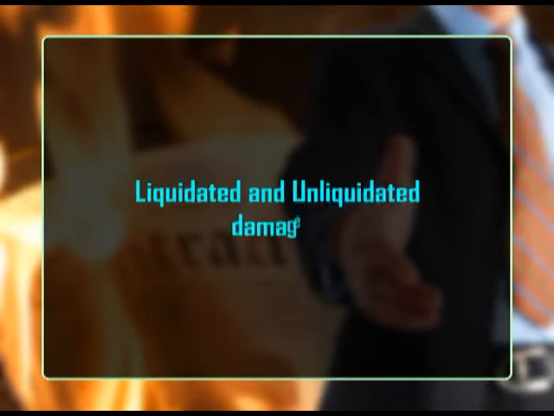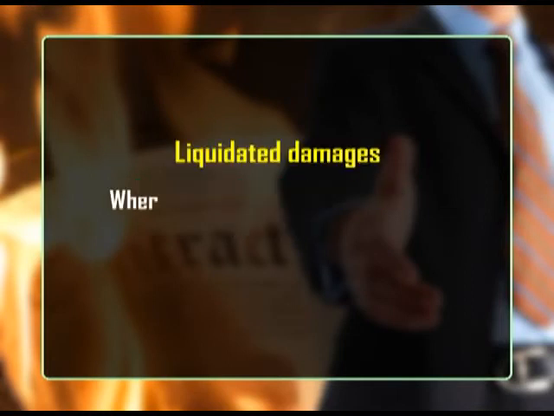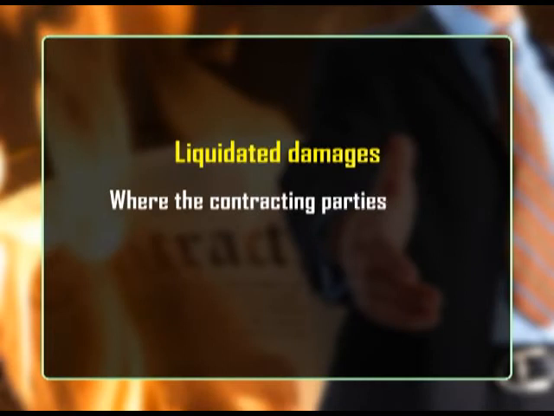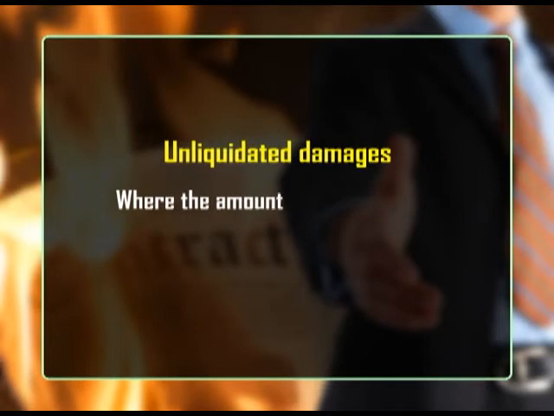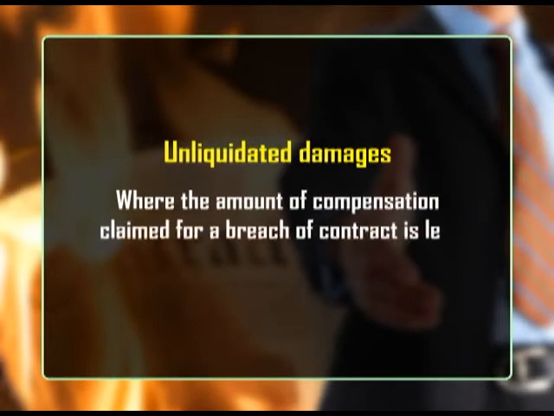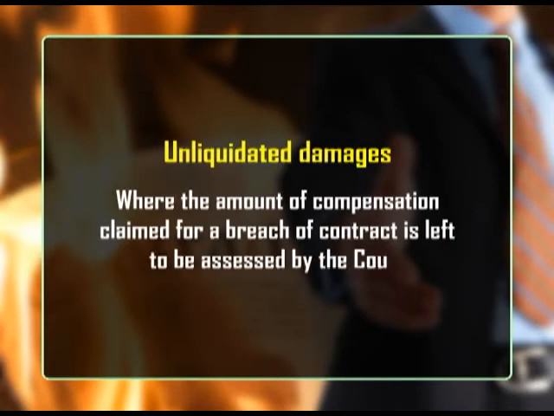Liquidated and unliquidated damages. Where the contracting parties agree in advance the amount payable in the event of the breach, the sum payable is called liquidated damages. Where the amount of compensation claimed for a breach of contract is left to be assessed by the court, the damages claimed are called unliquidated damages.